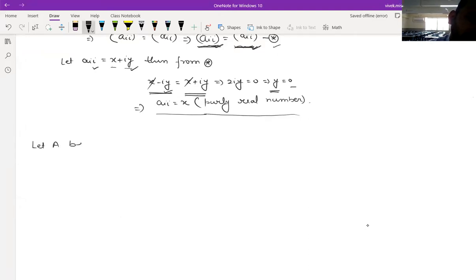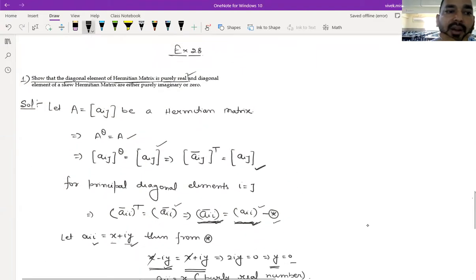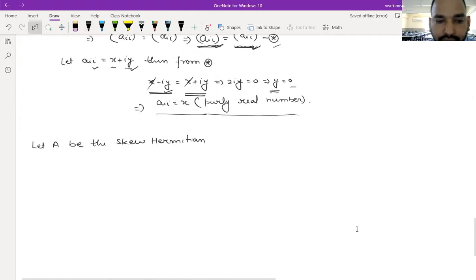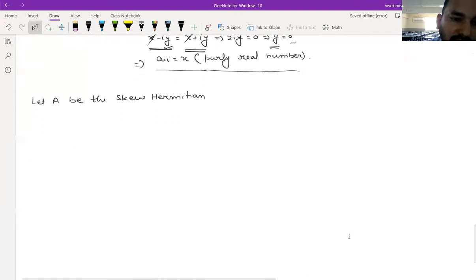Let A be skew Hermitian. The question in the second part is to prove that the principal diagonal elements of a skew Hermitian matrix are either purely imaginary or 0. So let A be skew Hermitian. What is the definition of skew Hermitian?